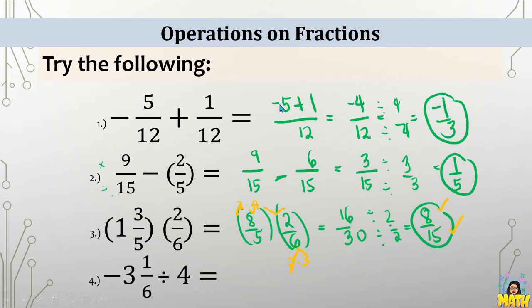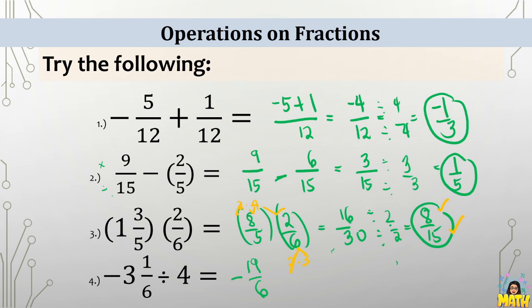And lastly, division. Let's rewrite first the given fraction into improper fraction. 6 times 3, that's 18, plus 1, that is 19. So here, 6 times 3 is 18 plus 1, that's 19 over 6. We copy the negative sign, divided by 4.